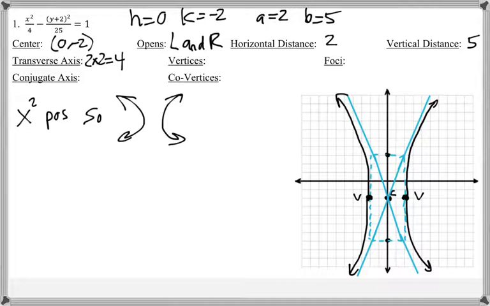So that is -2, -2, and 2, -2. So that makes the conjugate axis the vertical axis. So that's going to have a length of 10. And these will be my covertices.